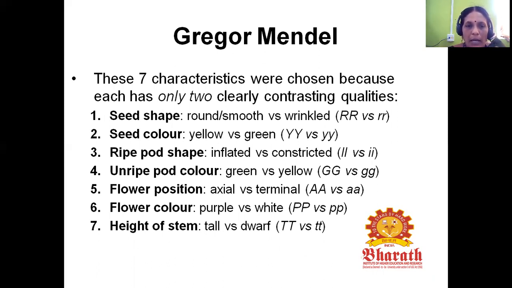Seed shape: round or smooth versus wrinkled. Seed color: yellow versus green. Ripe pod shape: inflated versus constricted. Unripe pod color: green versus yellow. Flower position: axial versus terminal. Flower color: purple versus white. Then height of the stem: tall versus dwarf.